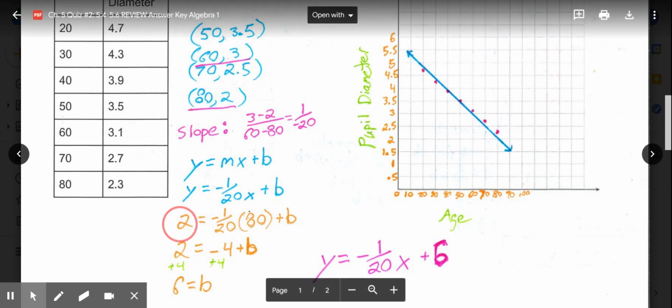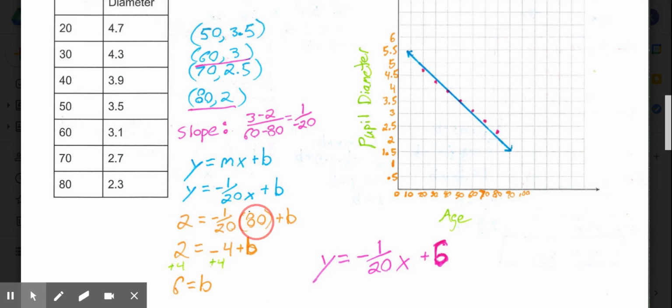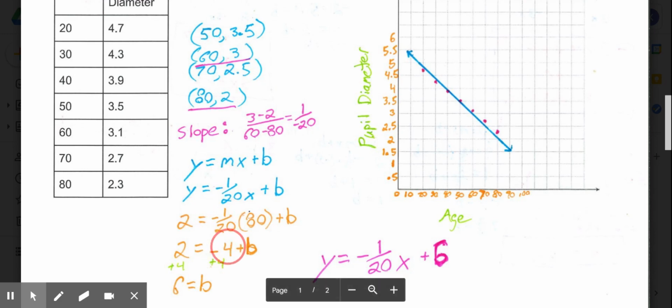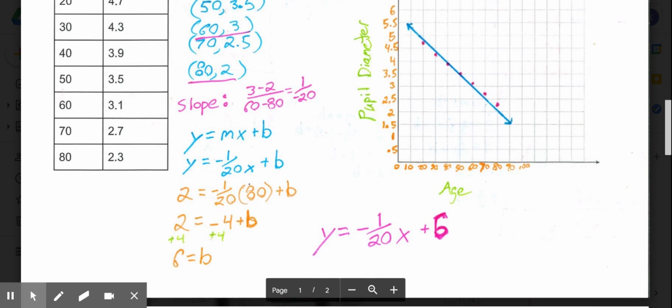So 2 went in for y, 80 for x. 80 divided by 20 is 4, multiplied by the negative 1 is negative 4. So 2 equals negative 4 plus b. Add 4 to each side, and b would equal 6. So my equation would be y equals negative 1/20 x plus 6.